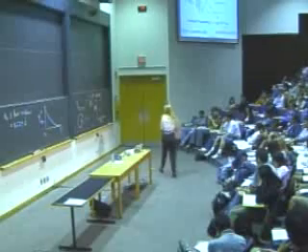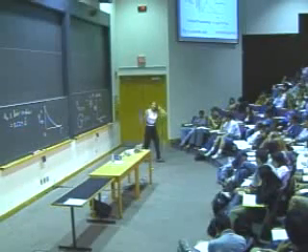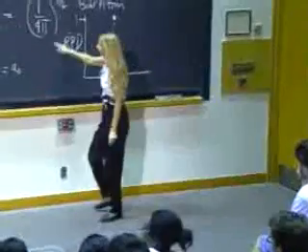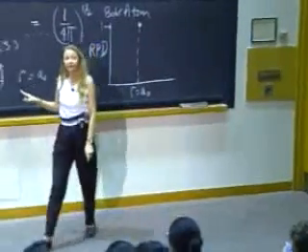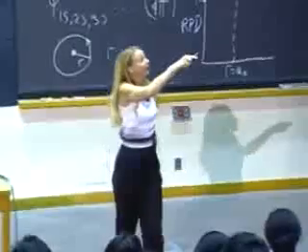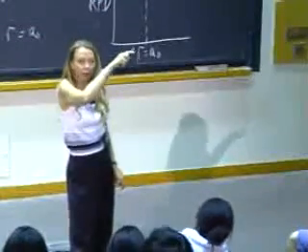But anyway, this value a naught, that's why it's called the Bohr radius. And it turns out, quantum mechanically, that the most probable value of r is in fact exactly a naught.